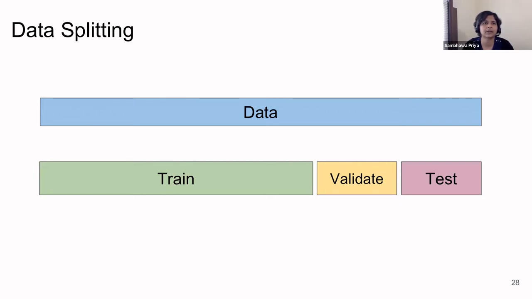But with standardization and normalization, you're making the data normal, or you're scaling it by something. So it's both.